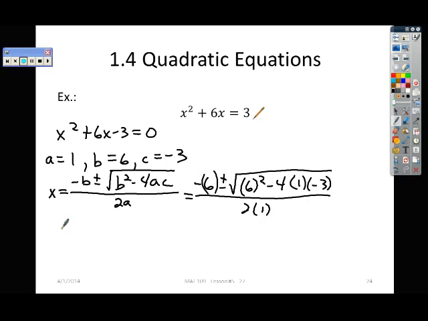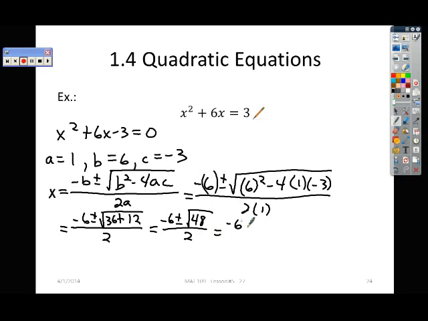Do the arithmetic now. And you're not finished till you reduce to lowest terms.